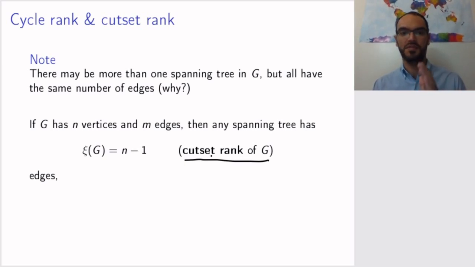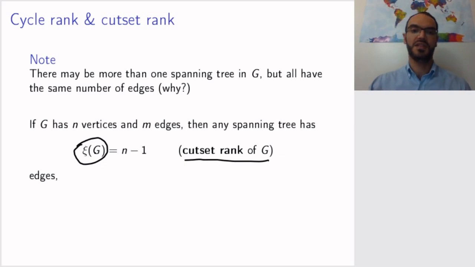And also, since people think that writing n minus 1 is not fancy enough, we write xi of G. That's the number of edges in any spanning tree of G, which is one less than the number of vertices of G.